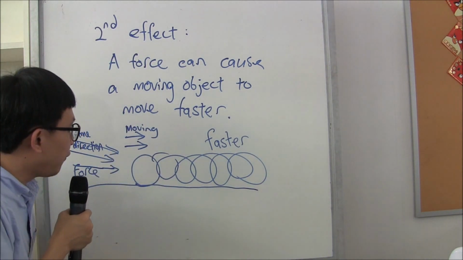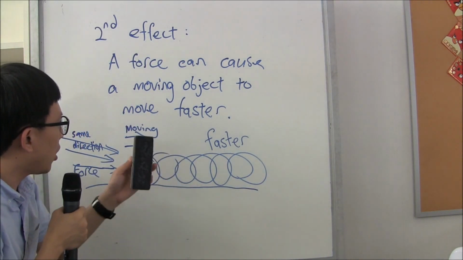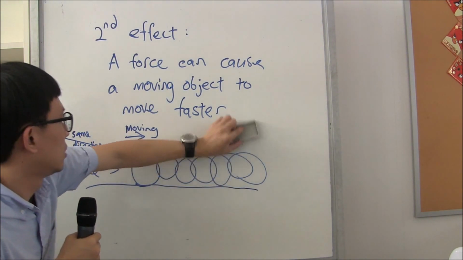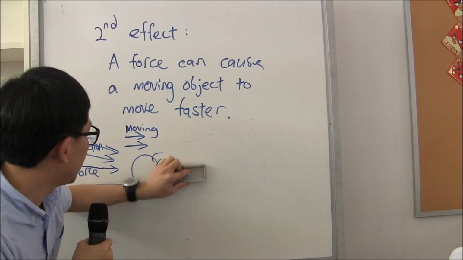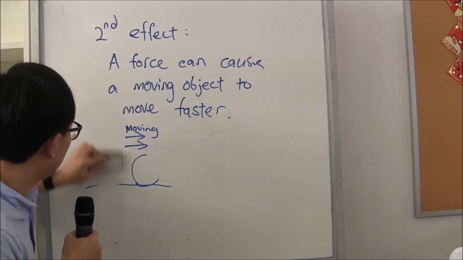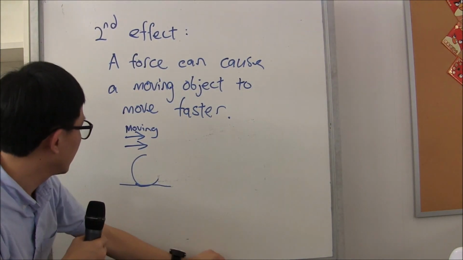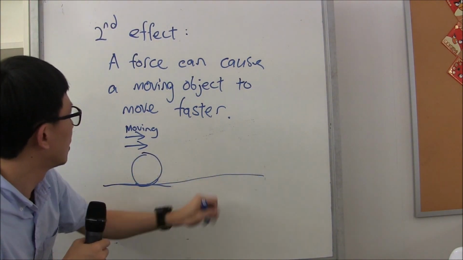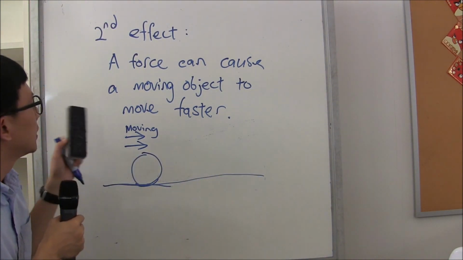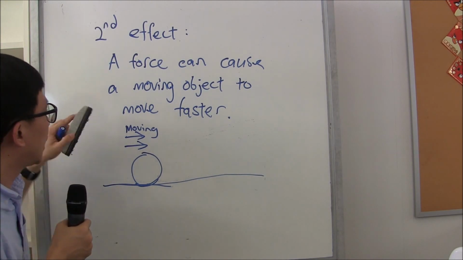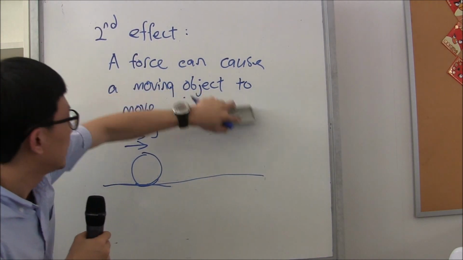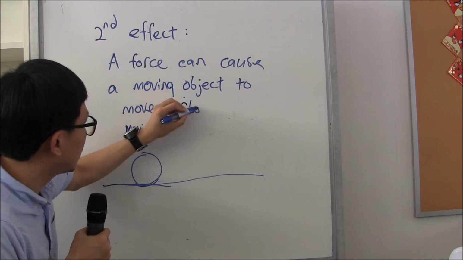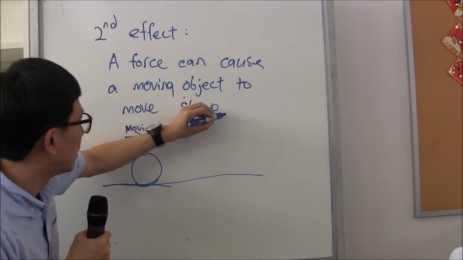Now, a force can also cause a moving object to slow down. Besides moving faster, now again, this is a ping pong ball moving in this direction. A force can also cause a moving object to move slower. Earlier on I said faster, now we can cause it to move slower.